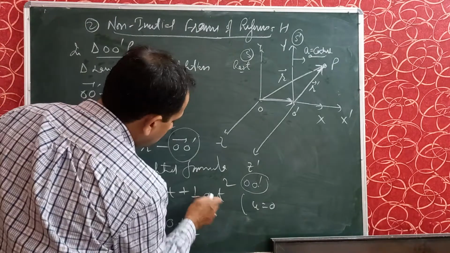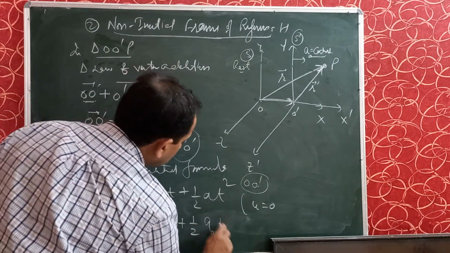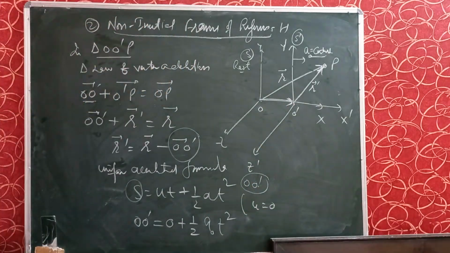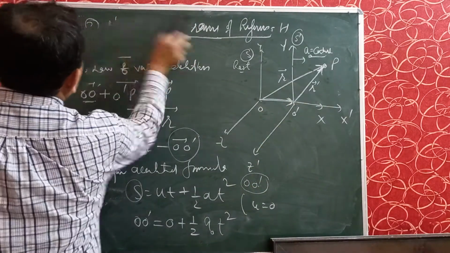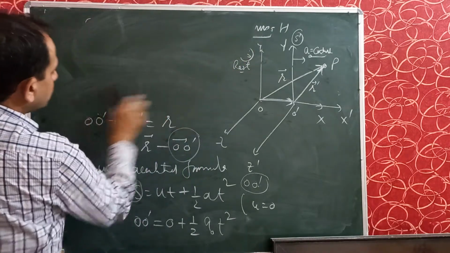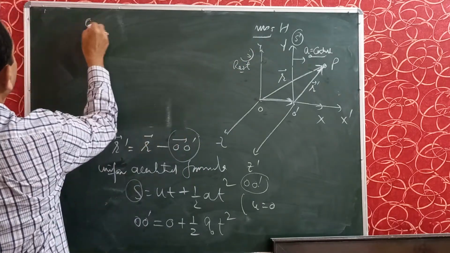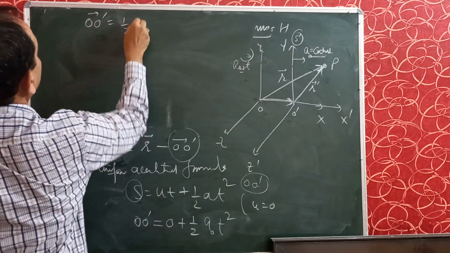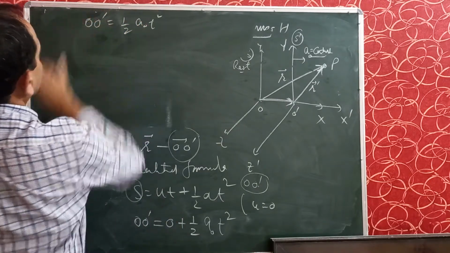So I am using here a naught into t square. The time taken from O to O dash is t. So this is the value of O O dash, sorry, O O dash is equal to half a naught t square.